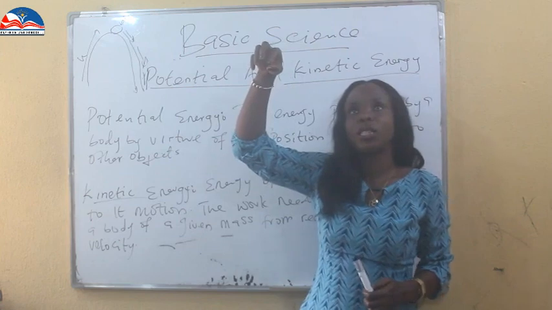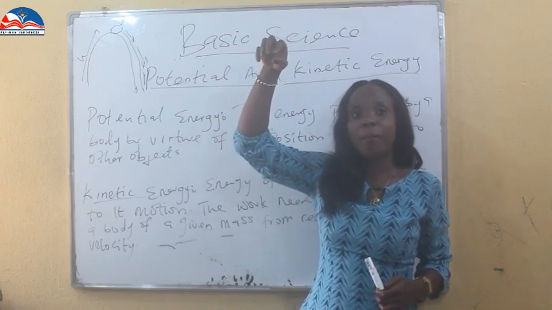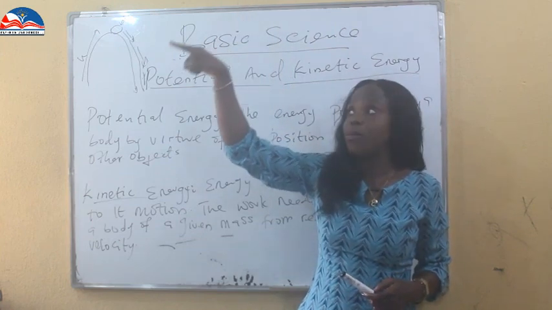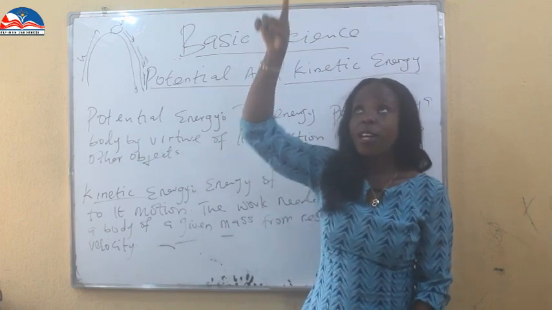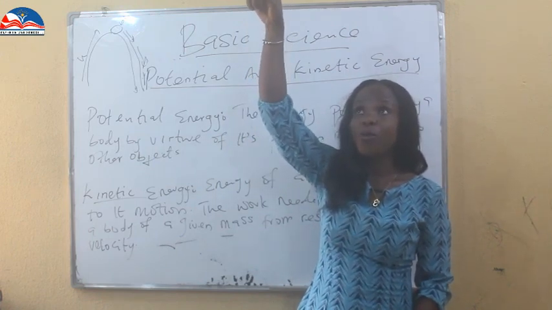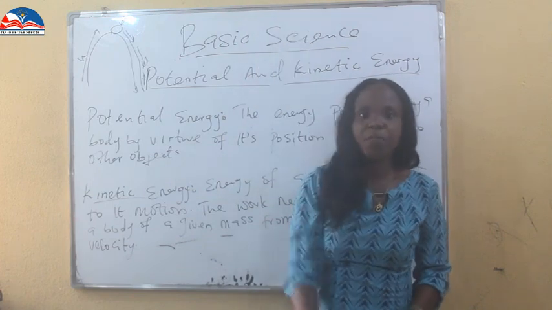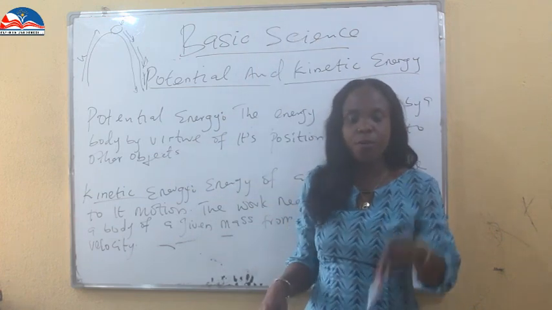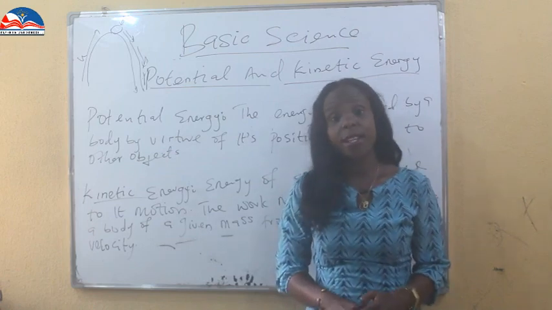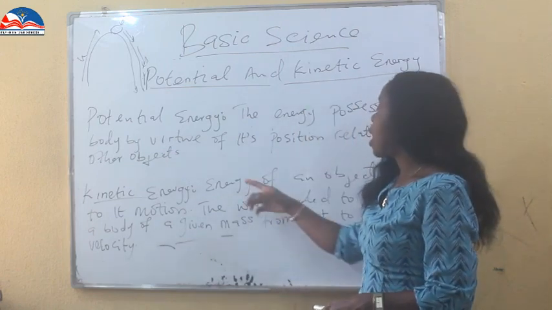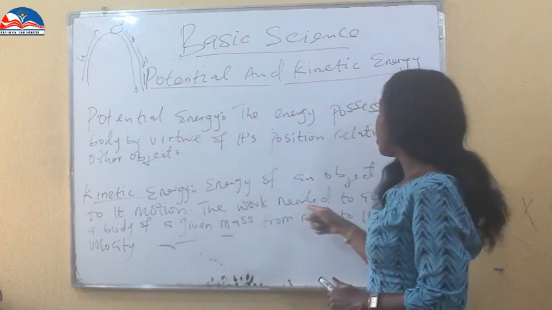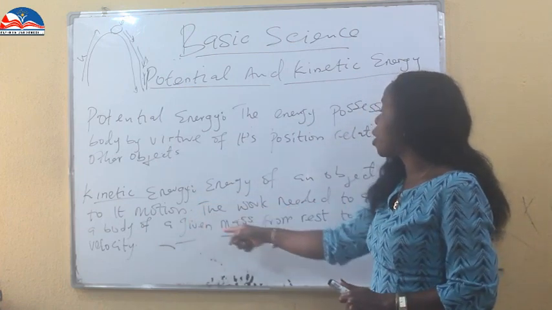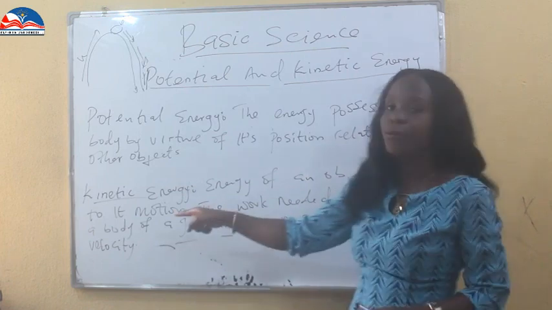A mango that is ripe and falls from the tree down to the ground, the speed it takes, that motion it takes before it hits the ground is kinetic energy. That is why we said energy of an object due to its motion, the work needed to accelerate a body of a given mass from rest to its stated velocity.